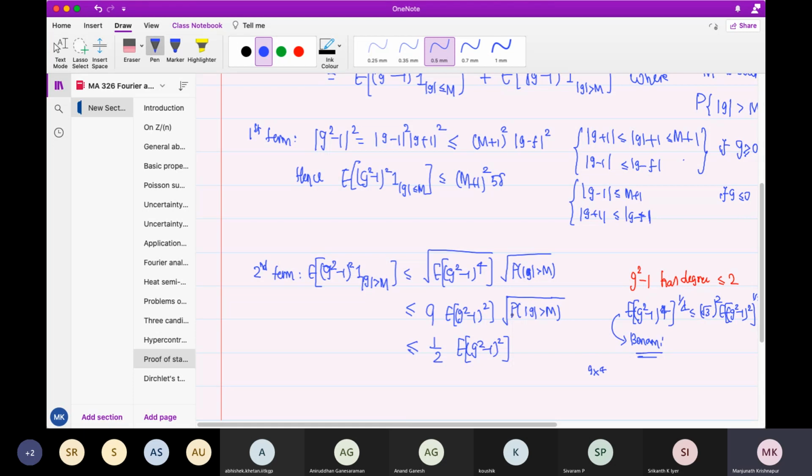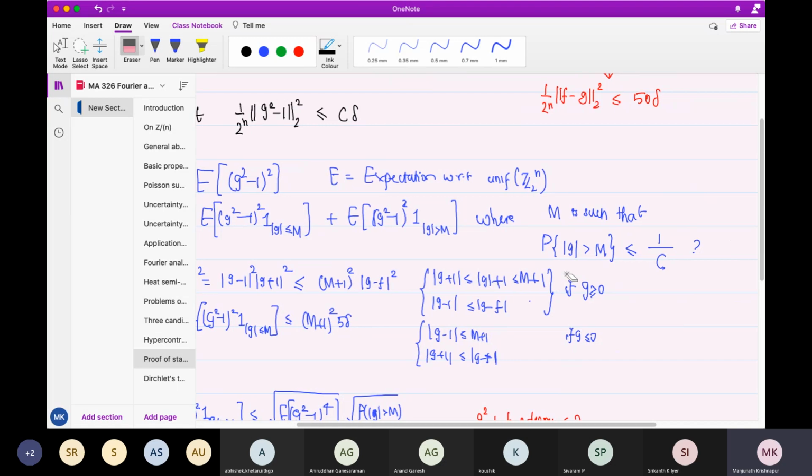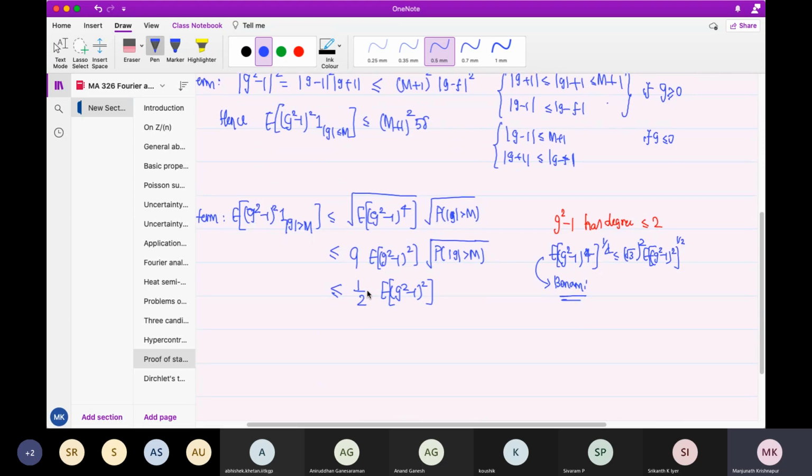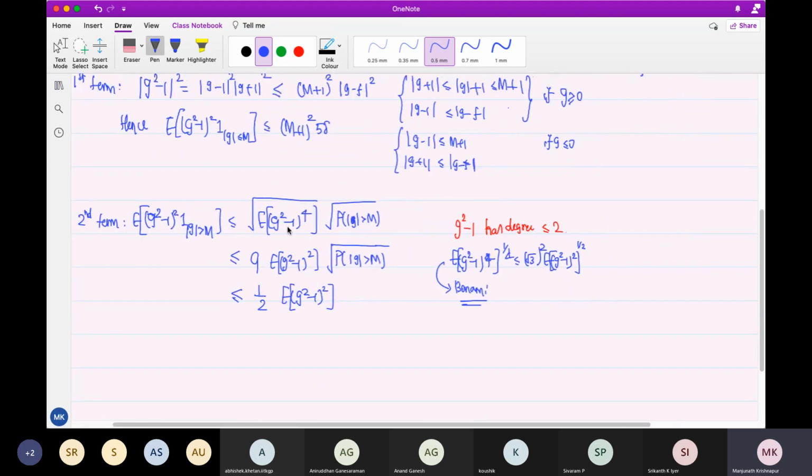Oh, sorry. No. So I want this to beat 9 square into, yeah, so it's like 1 by 18 squared, no? Yeah, 1 by 18 square, which is what I'll write here. So this is what I want here. I want this to be smaller than 1 by 18 square, then this expectation will be this small.